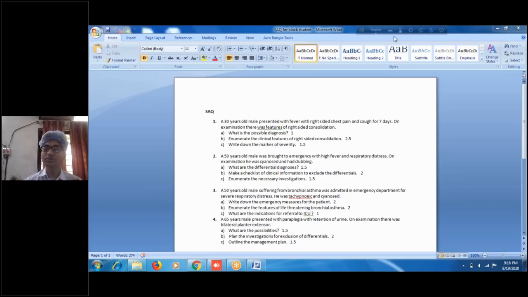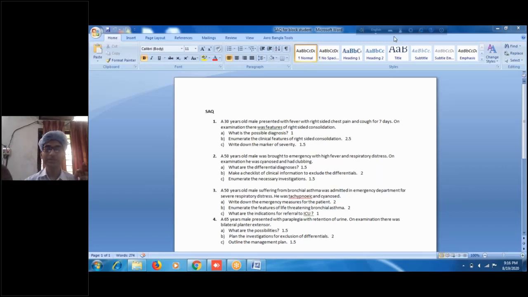Consolidation is for pneumonia. So when you incorporate all this information into a single diagnosis, it will be right-sided pneumonic consolidation. This is a complete one, and I think it will carry the full marks.